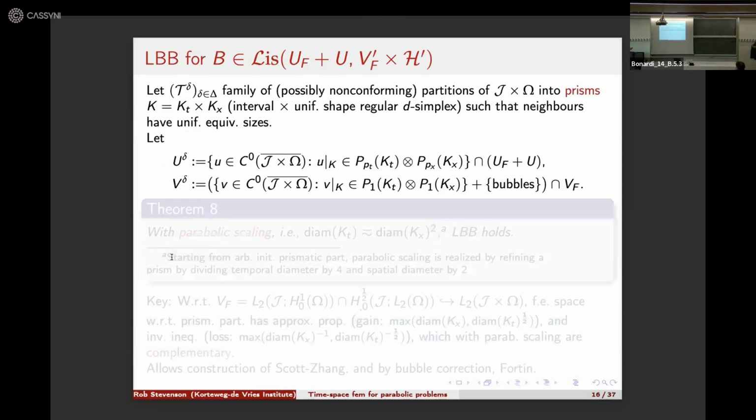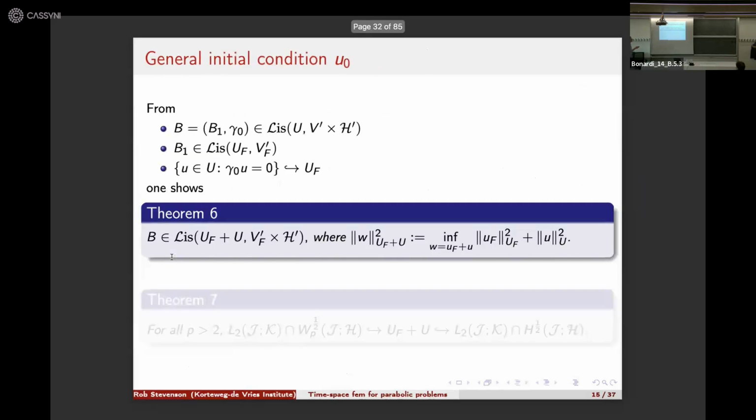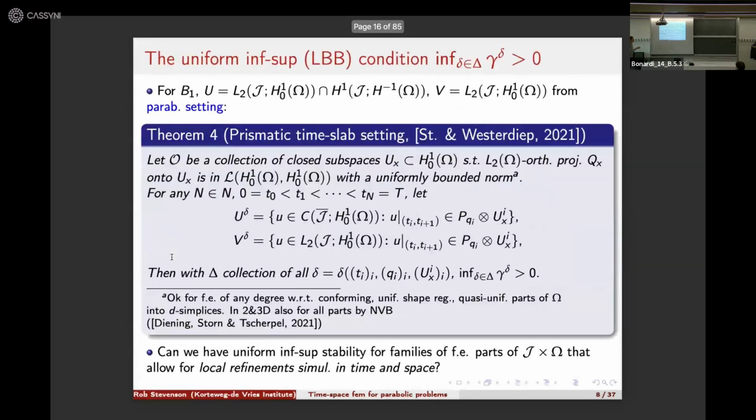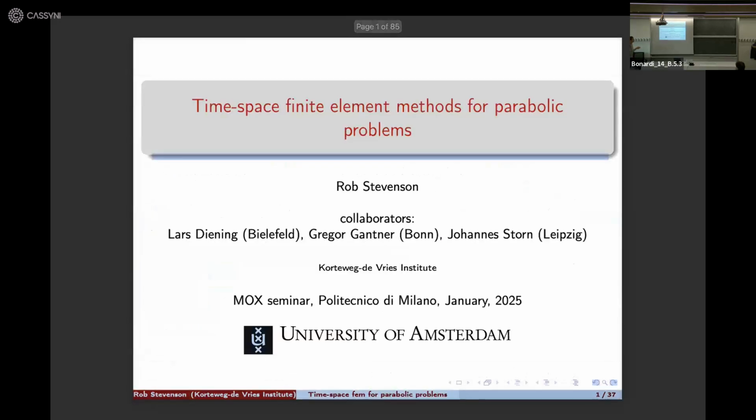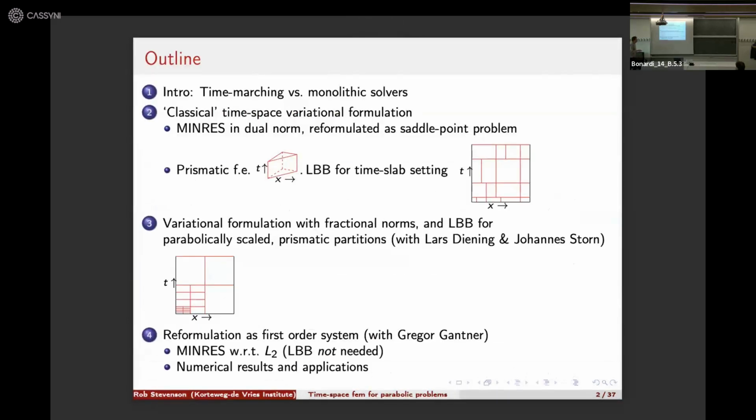Okay, so what can we now prove? I will not comment on the proof, but we can prove LBB stability in this setting. Let me recall the slide. We can now show LBB stability for partitions into prisms.